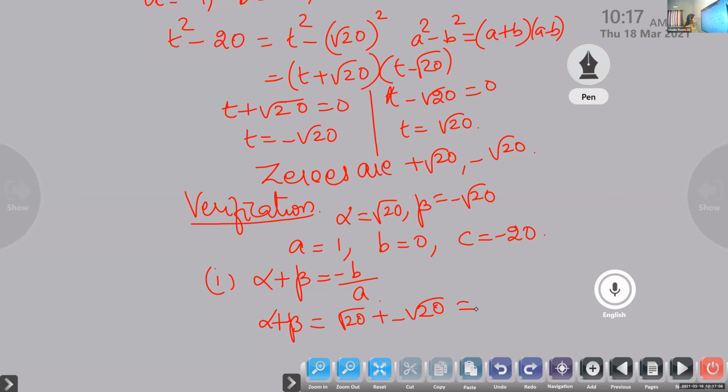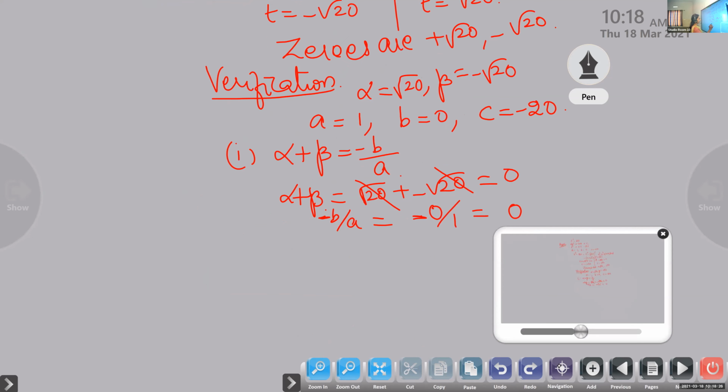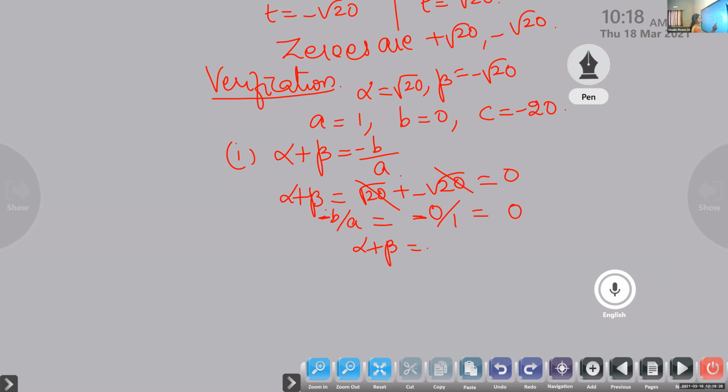What will you get? Very good, Melvin. Alpha plus beta is 0, since plus root 20 and minus root 20 cancel. Now find out what is minus B by A. Minus B is 0, and 0 by anything is always 0. Therefore alpha plus beta is equal to minus B by A. The first part is verified.